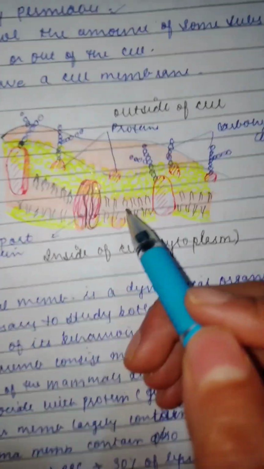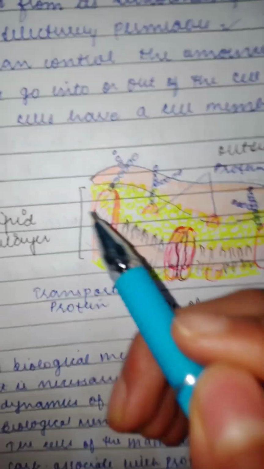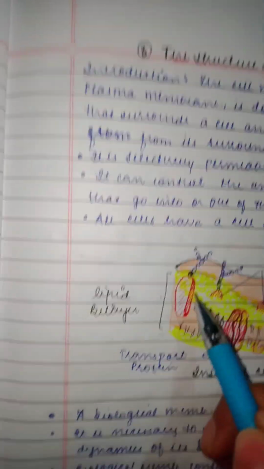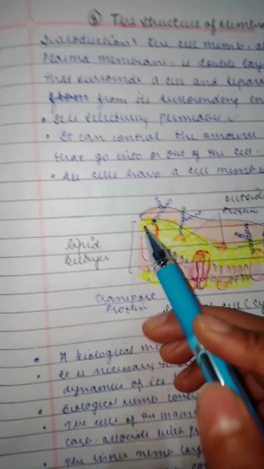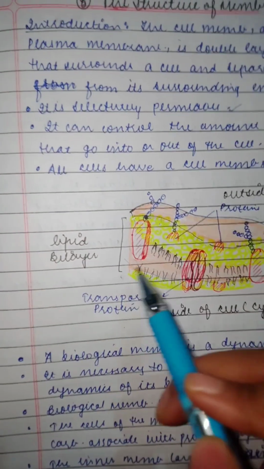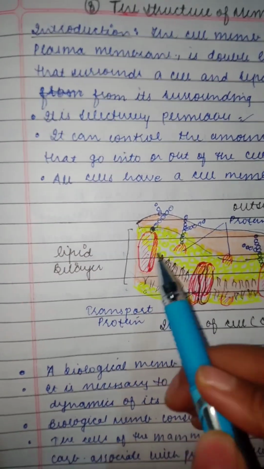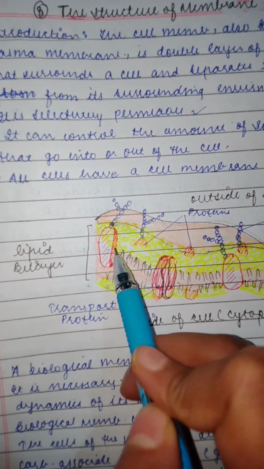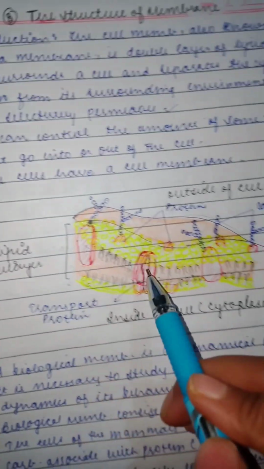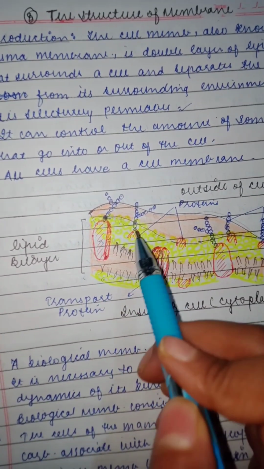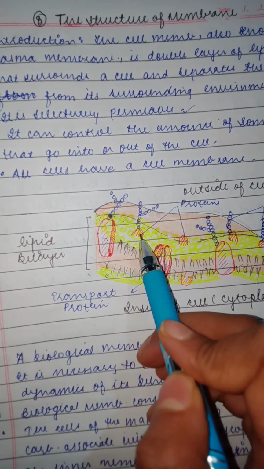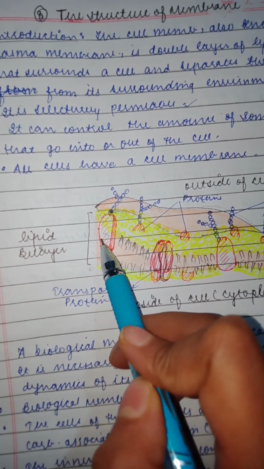This is the structure of a cell membrane. See, these are the lipids, and this is the lipid, so we can say that it is a lipid bilayer structure. It contains proteins which are embedded inside the lipids. Some are integral proteins, some are external proteins.